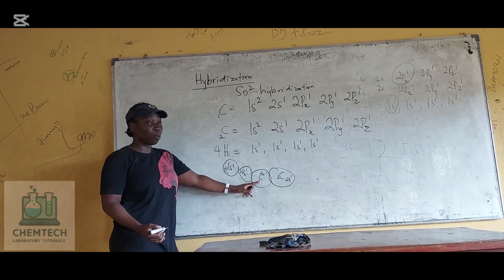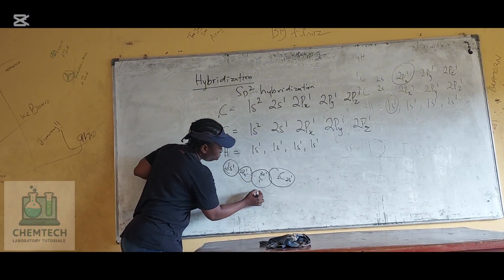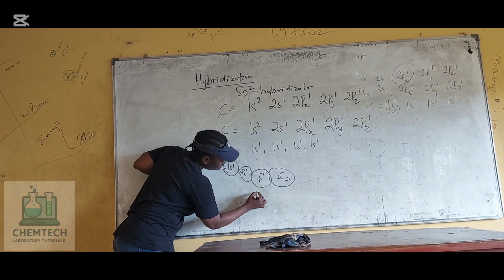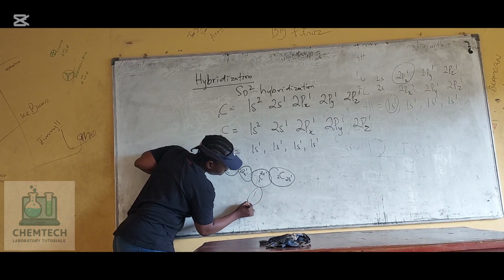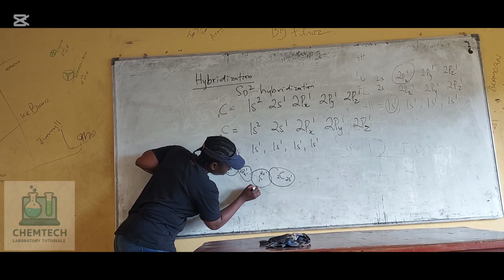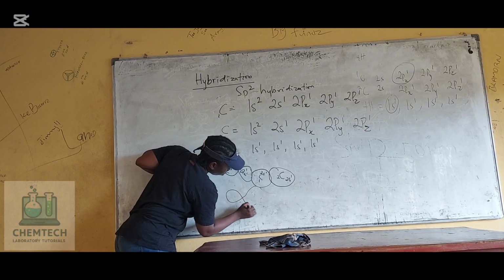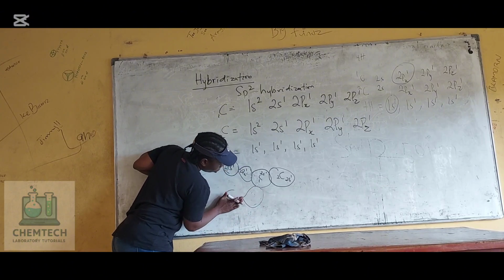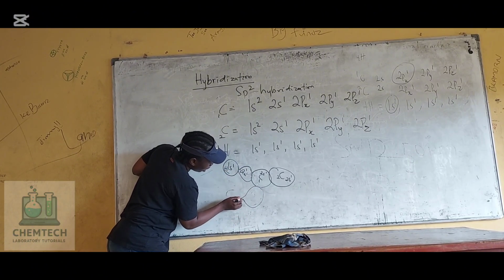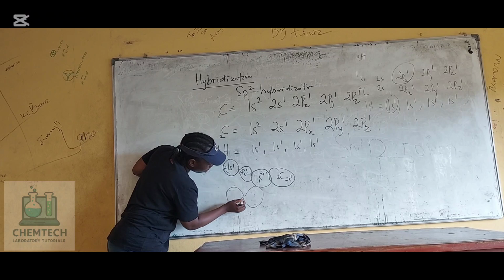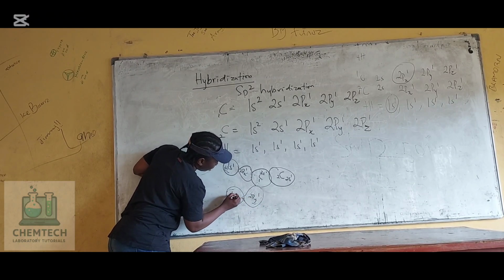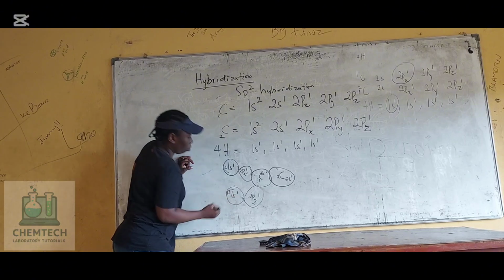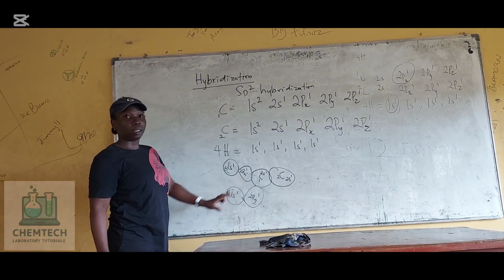Remember that the first carbon is this. So we take the second hydrogen, the orbital p. So let's assume this is the overlap. There is 2py1 and 1s1 of hydrogen that's combined.